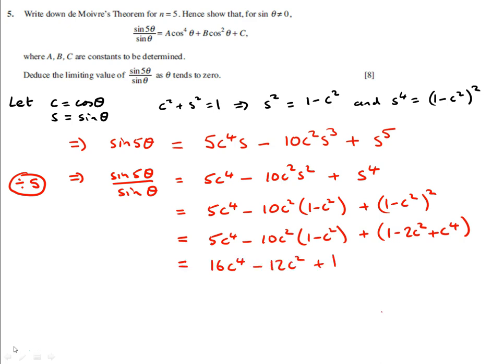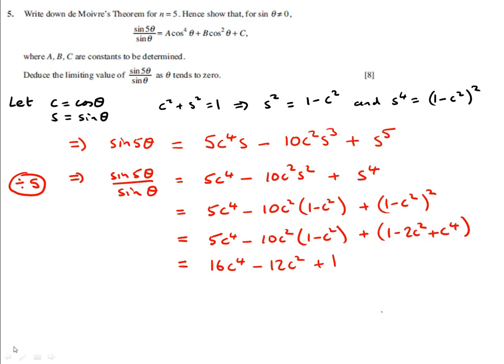We'll find that we have, first of all, 5c to the 4, minus 10c squared times minus c squared gives me another 10c to the 4, plus another c to the 4 is 16c to the 4. Looking at the c squared terms, we've got minus 10c squared minus another 2c squared gives me minus 12c squared, and then the constant term is 1.